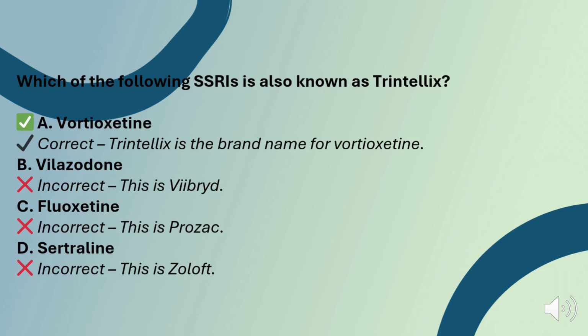And a lot of times your prescribing software will have them in there. But for boards, you've just got to learn them, memorize them, know them. And in professional circles, you only use the name vortioxetine. You do not say Trintellix. That's not how we usually talk about it. You talk about fluoxetine, not Prozac. You talk about sertraline, not Zoloft.